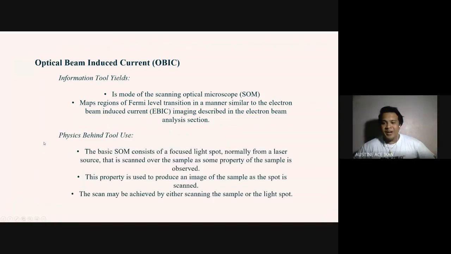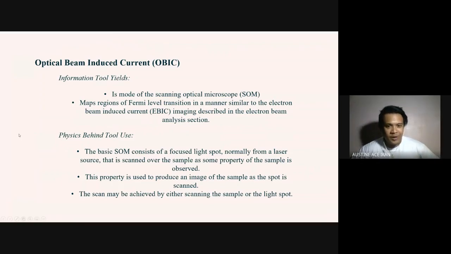OBIC is primarily used to localize barrier diffusion and semiconductor defects. Minority carrier diffusion lengths and lifetimes have also been measured using OBIC, but these are very rarely applied during failure analysis. So this is the physics behind the tool used.